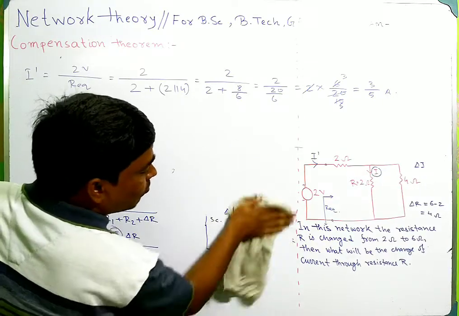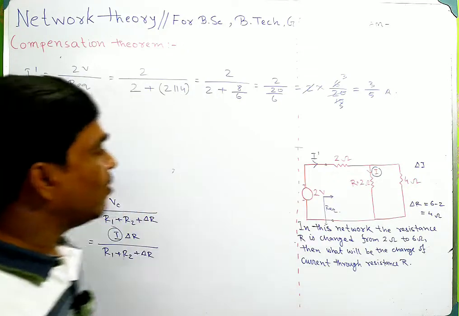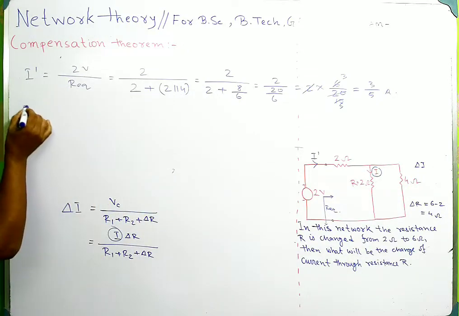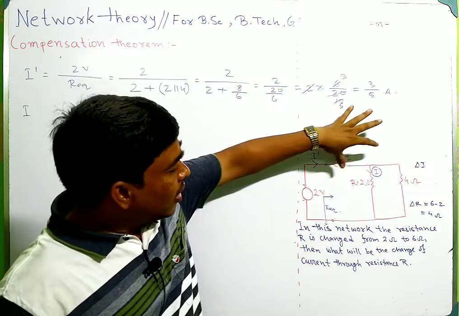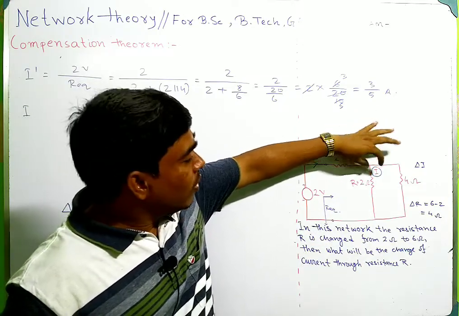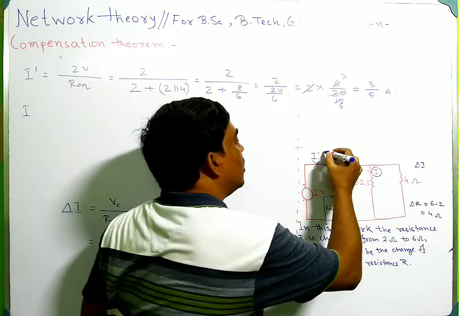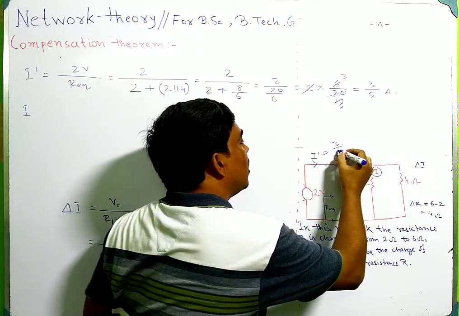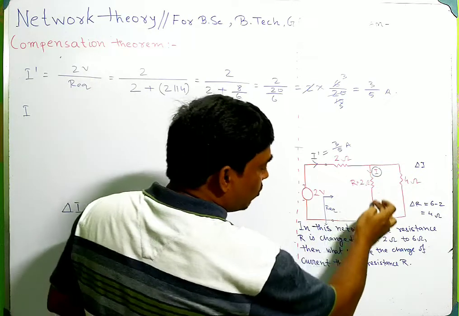Now we have to calculate I. What is the I? I can be calculated by using current division rule. This is 2 branch, and this current I have already calculated: this is 3 by 5 ampere. Now you have to calculate the current through this 2 ohm.